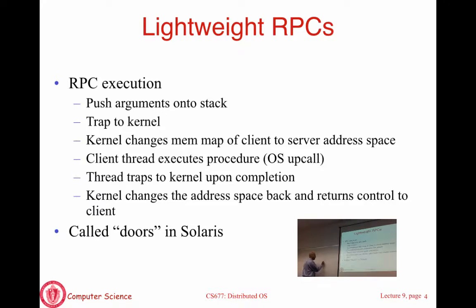So you will say execute the add method, and these are the parameters. You put it into a buffer and you signal. The server will come and take the arguments from the buffer, execute the code, and then send a reply through the buffer. So you're using shared memory as a way to communicate. You're still communicating, but it uses a memory region to perform this communication rather than explicit messages going over TCP/IP.